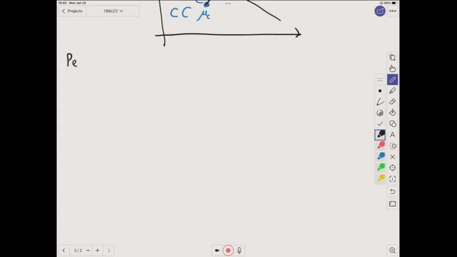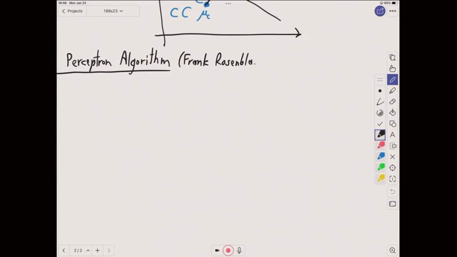So I want to go on to the first really famous linear classifier. It's called the perceptron algorithm. It was invented by someone named Frank Rosenblatt 2/3 of a century ago, back in 1957.